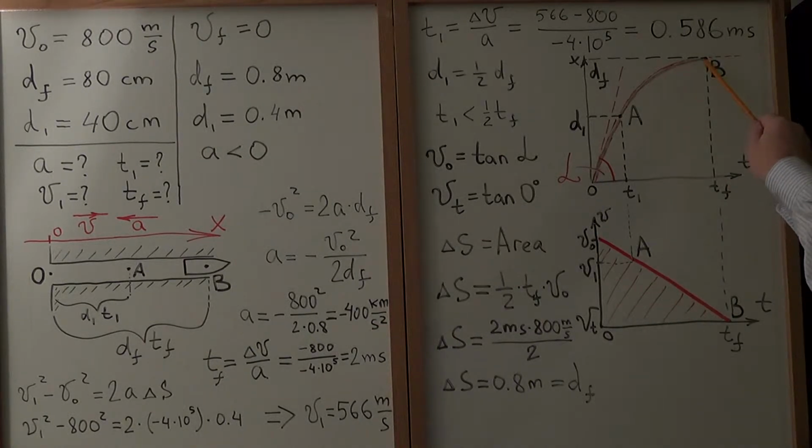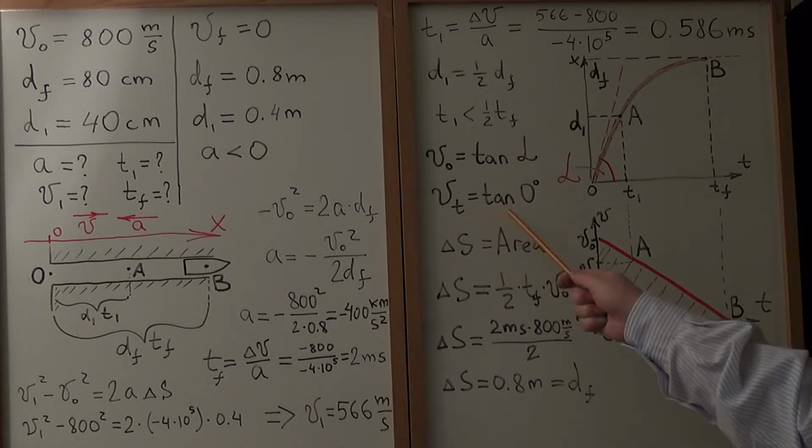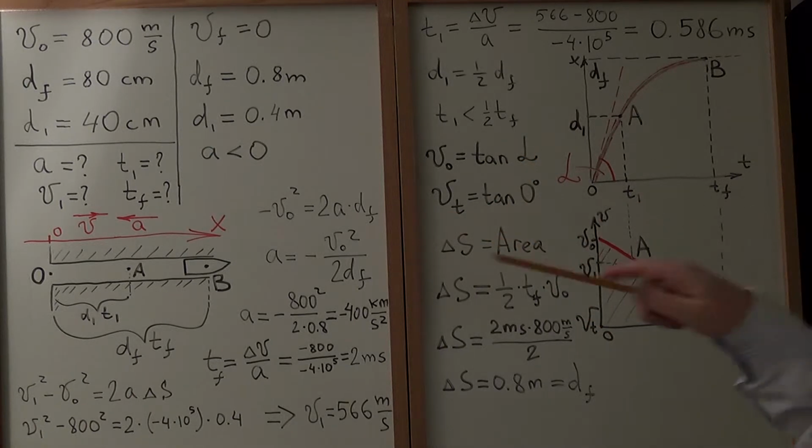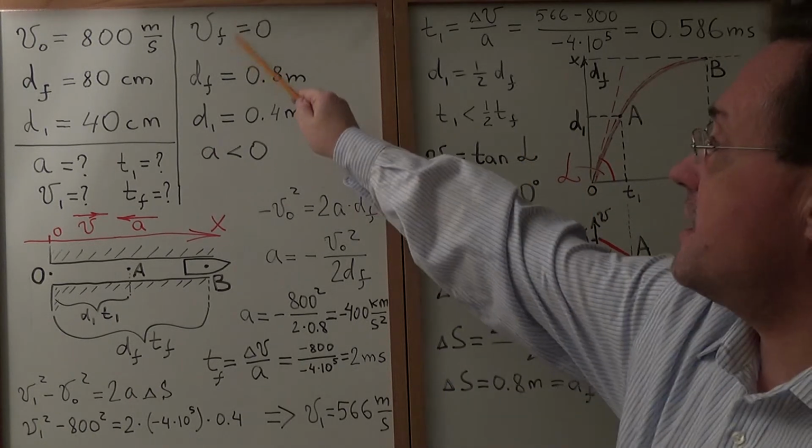And the final velocity, we can see that the angle of inclination of the graph to horizontal line in point B is actually 0, and in trigonometry tangent of 0 is 0. Our final velocity is 0.